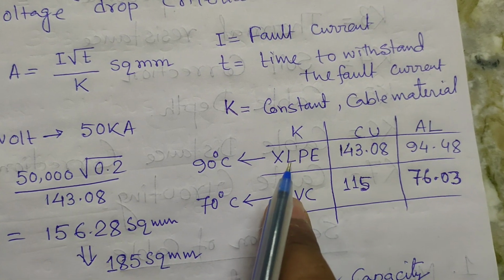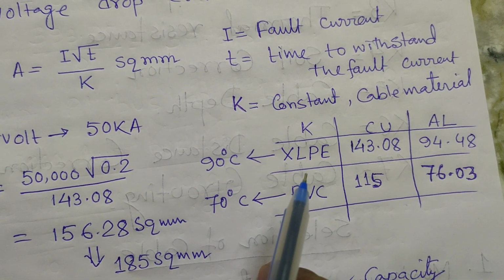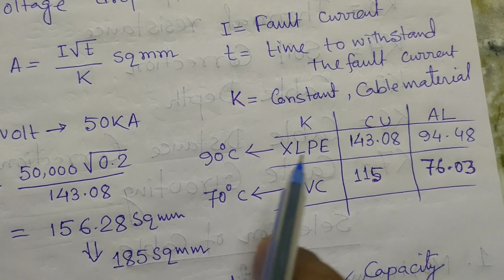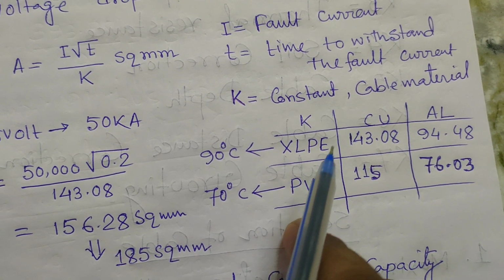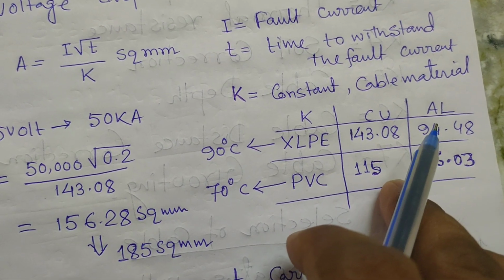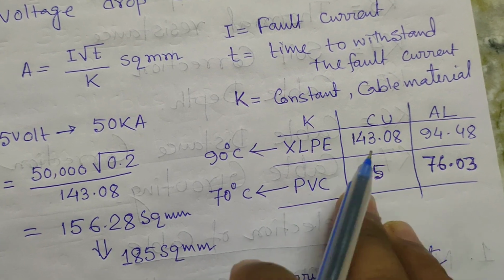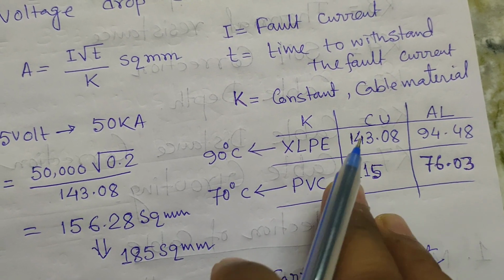143.08? Cable has two types of insulation material, XLPE and PVC. XLPE cable also has two conductor types, copper and aluminium, which have different factors.